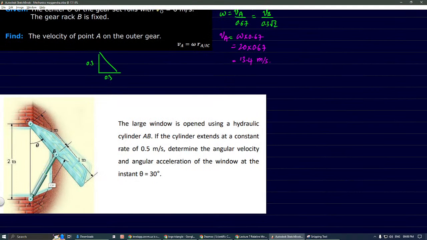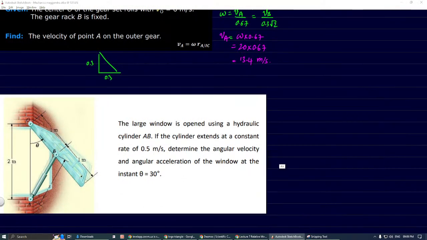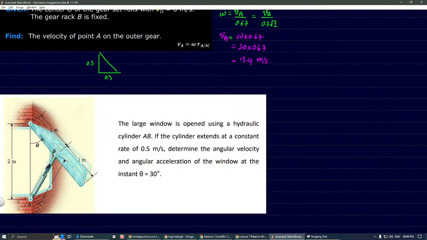Velocity at this point is given here, right? Velocity is moving here. This velocity B is given to us, that is 0.5. And we need the angular velocity and angular acceleration of the window.